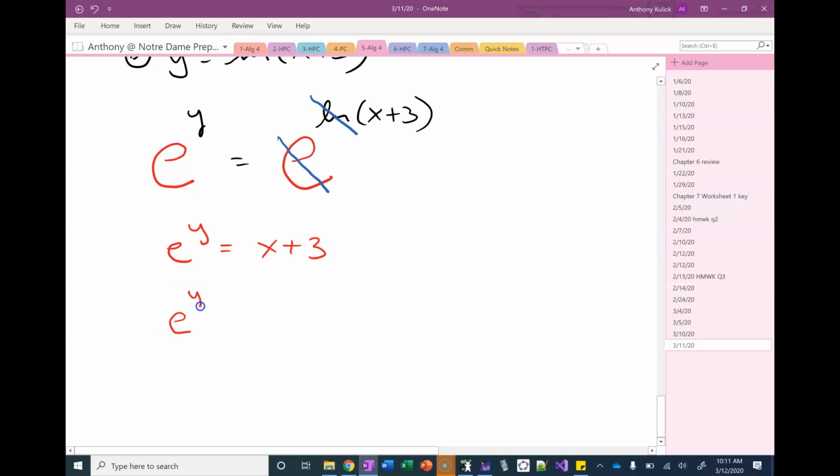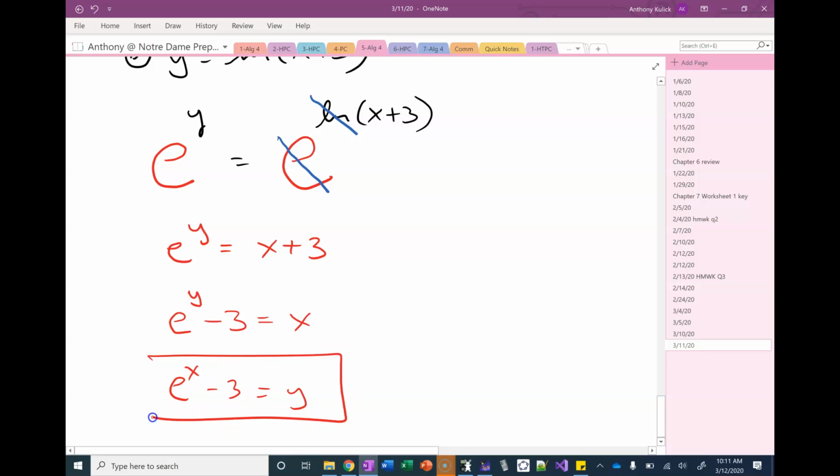Subtract 3. Now, a 3 and an e to the y are not like terms, so I can't subtract them directly, so I'll just write it right next to it. And now the x is by itself. So I can just swap the x and y coordinates. And there's my inverse. Is everybody okay on that?